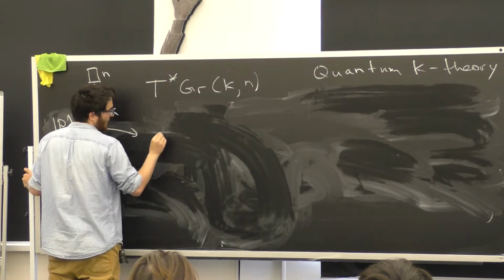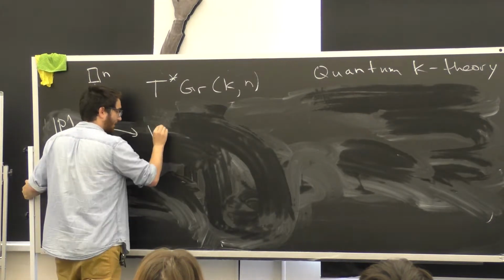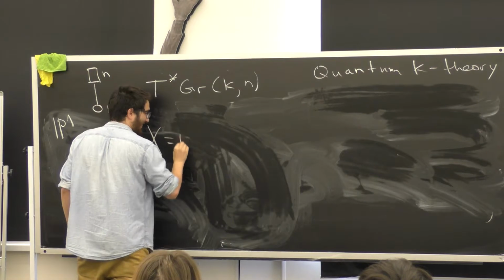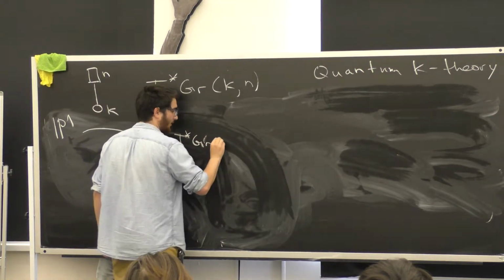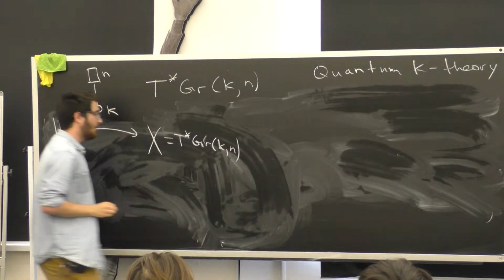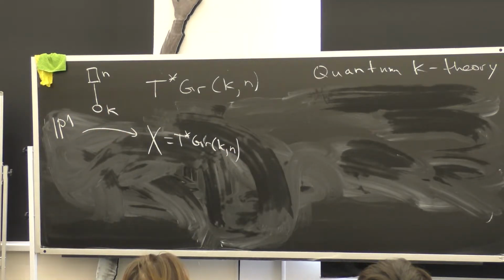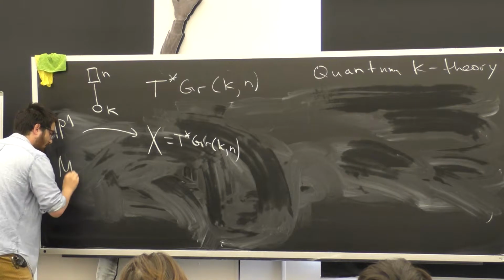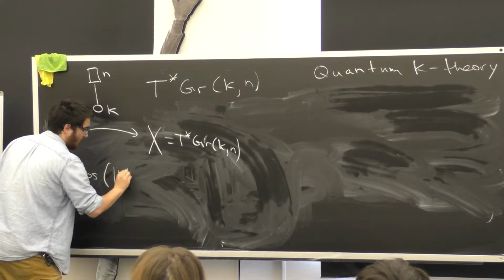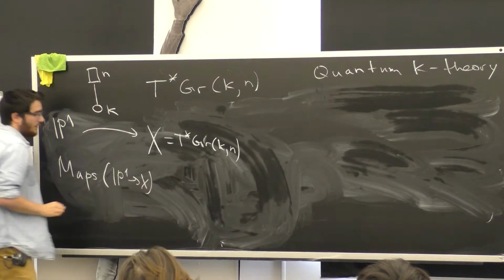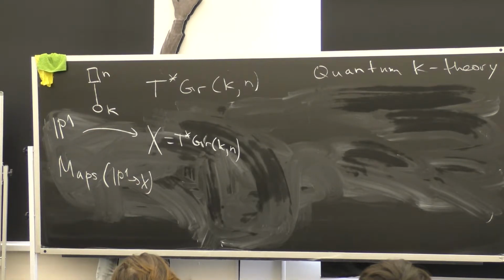I'm going to start calling the variety X. So in this specific case, it's the T-star Grassmannian Kn. And then you can look at the space of maps from P1 into X.